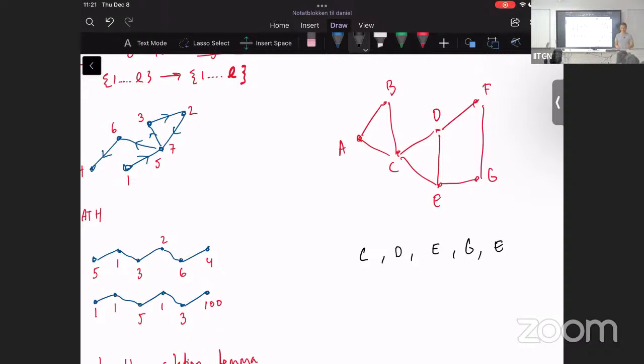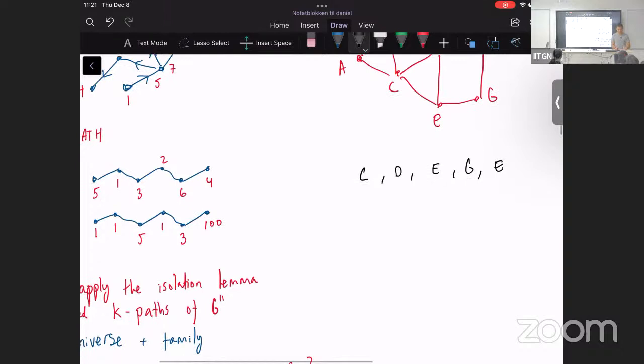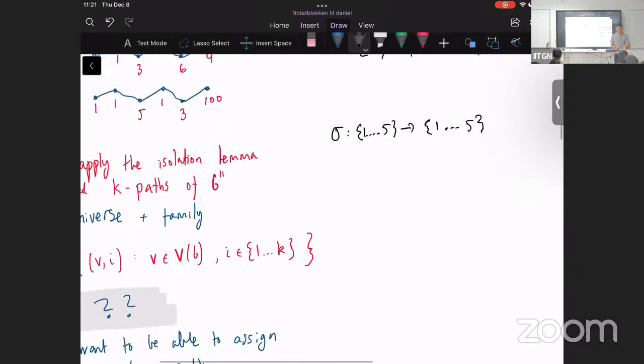Now I have a function over here. Sigma from 1 through 5 to 1 through 5. Sigma 1 equals 4. Sigma 2 equals 3.